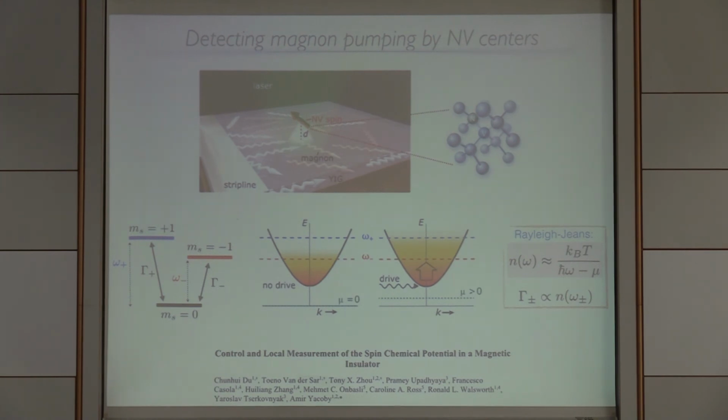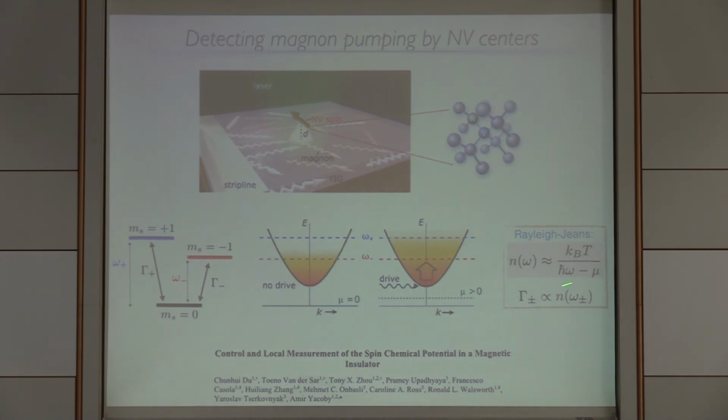Those T1 type of transition rates, energy relaxation rates, by Fermi's golden rule, are directly proportional to the occupation number of magnets at the appropriate frequency. So by measuring this relaxation rate, you can measure the occupation number of magnets at different energies. Using the classical limit of the Bose-Einstein distribution function, really the Rayleigh-Jeans distribution function, you could extract the chemical potential.